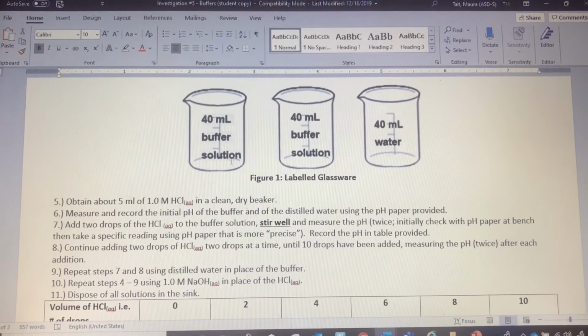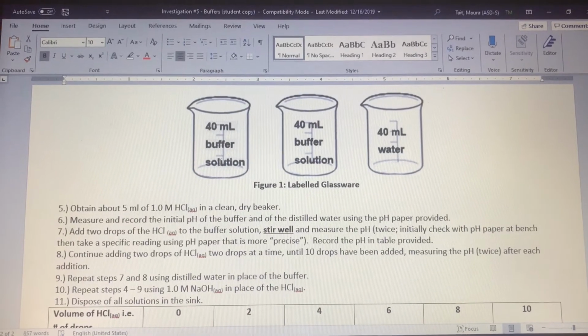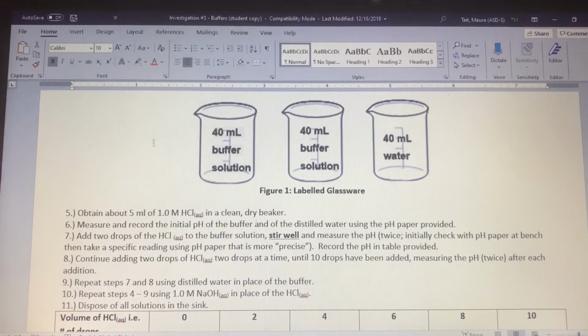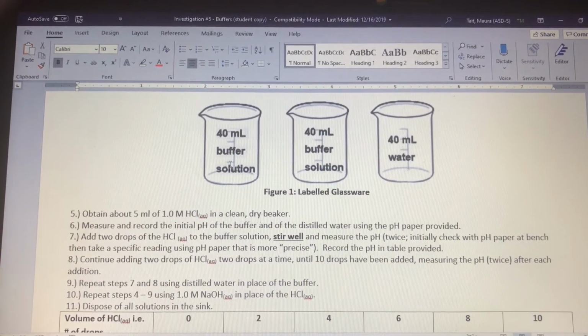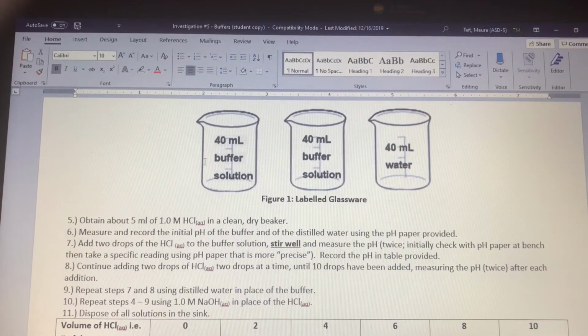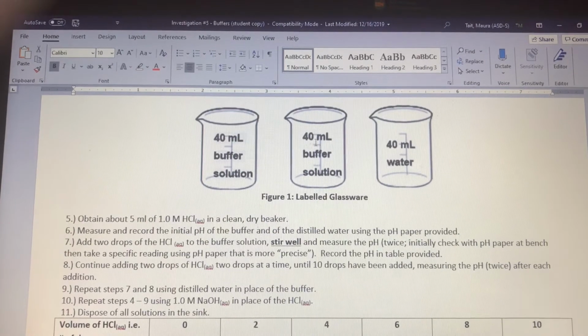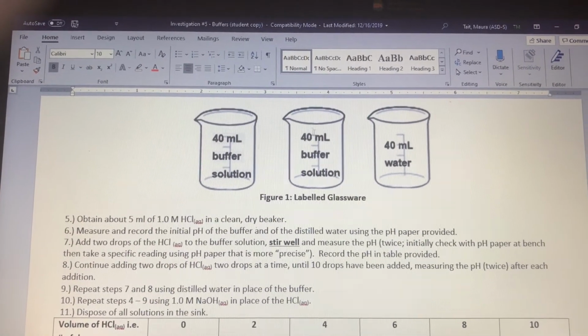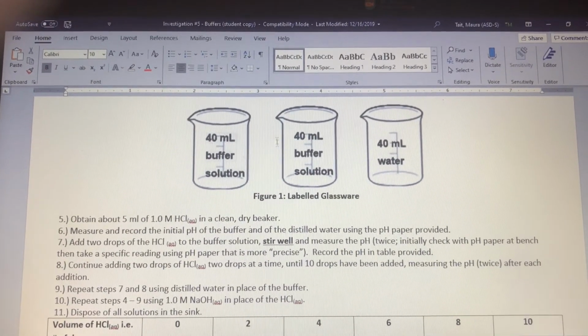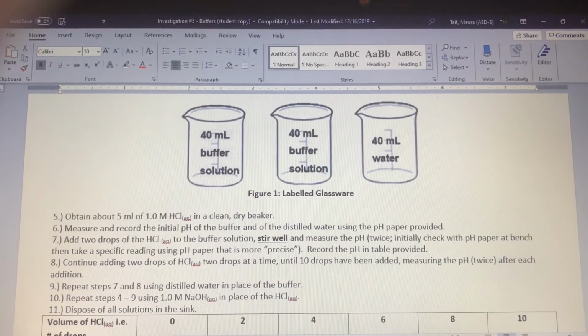And what I did was I took a 40 ml sample of the buffer and I kept adding drops of acid, adding more acid, adding more acid to see if the pH would change. I took another sample of the same buffer and I continually added base and more base to see if the pH would change.